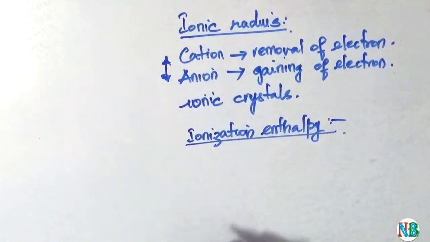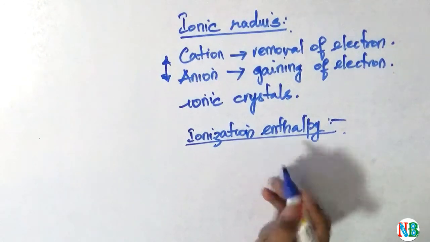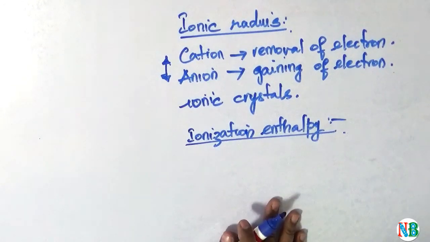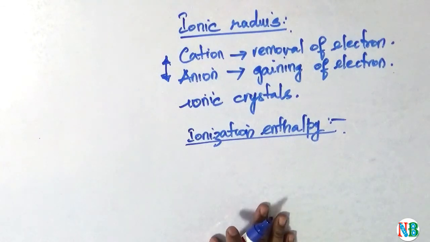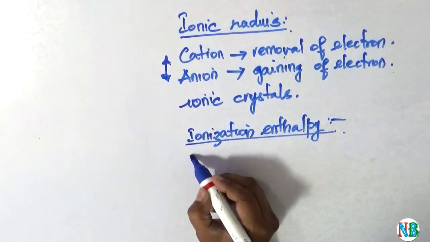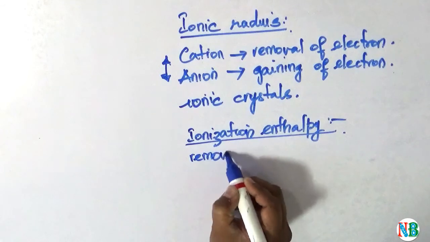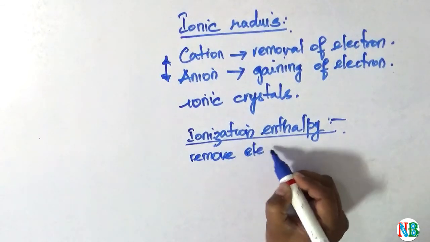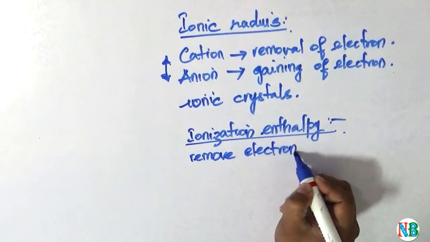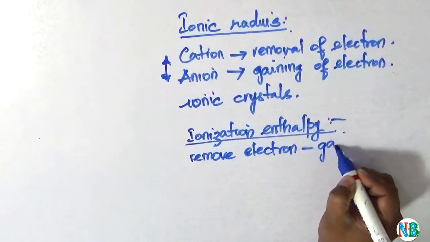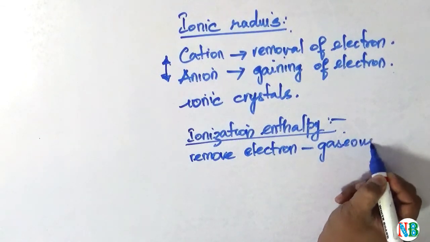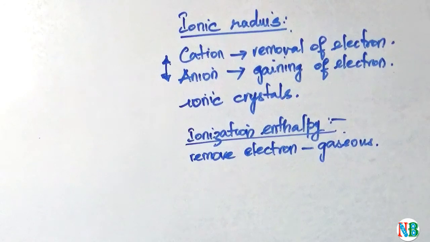Ionization enthalpy is the energy which is required to remove an electron from a gaseous atom. So you have to remove an electron from its gaseous atom. That is, the atom has to be in what form? Gaseous form. Why not a liquid or a solid?